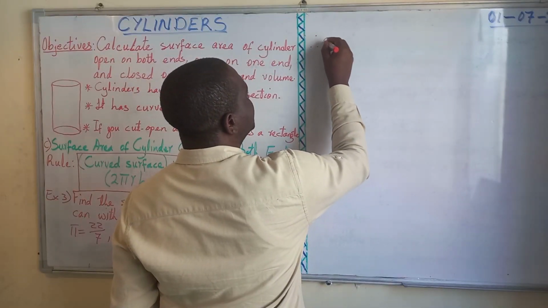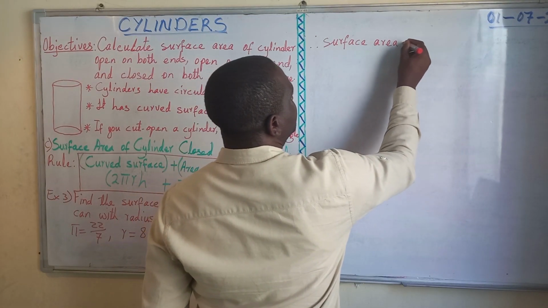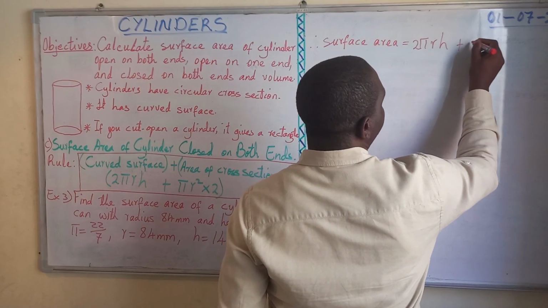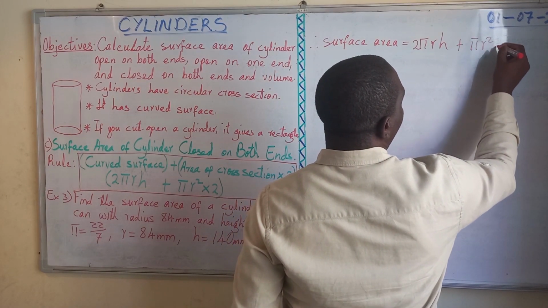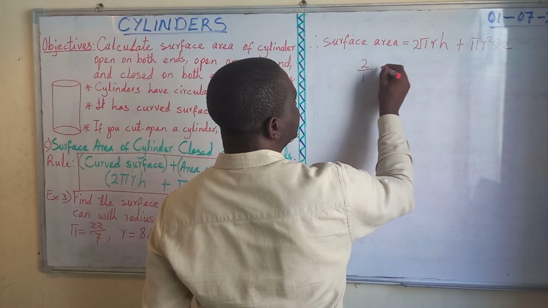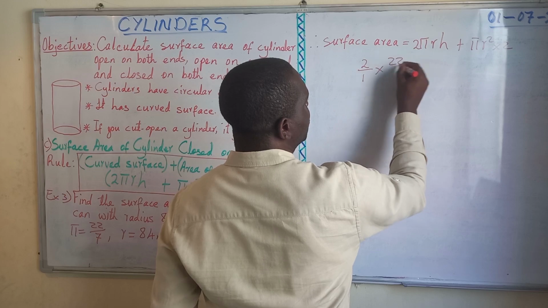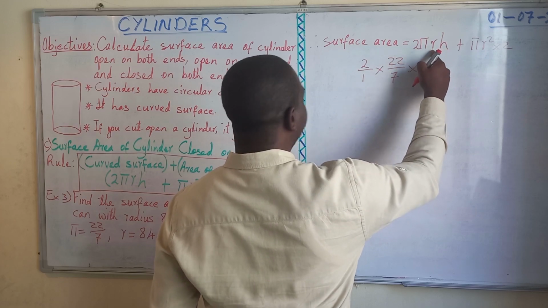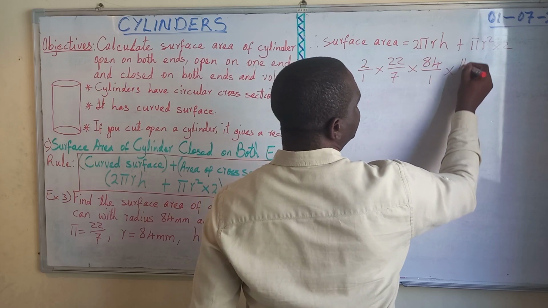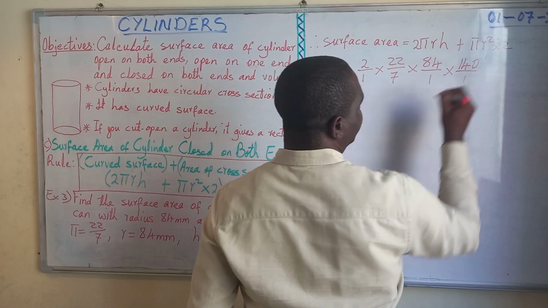Therefore, surface area will be equal to 2 pi radius height plus pi radius square times 2. Let's substitute 2/1 times pi 22/7 times radius, in this case is 84/1, and height is 140/1.